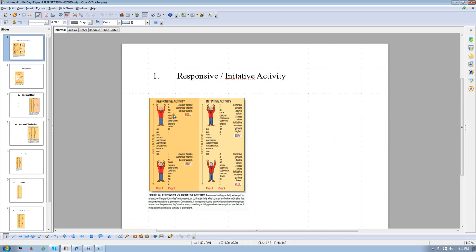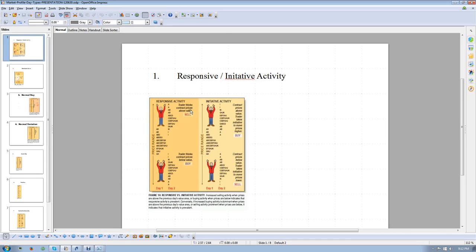And you can see it's called responsive activity because you open up higher, here's your A, and the market moves down, okay? It responds to the higher open and the higher prices, and it doesn't like them, so it moves back down to get in the range of the prior day.